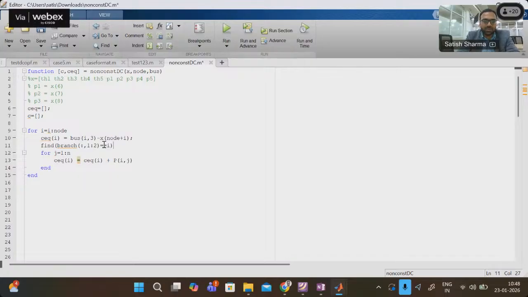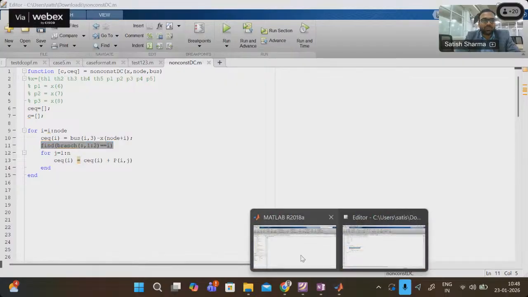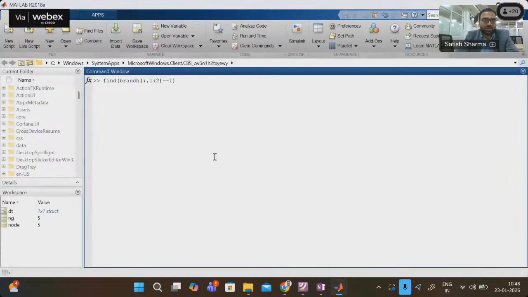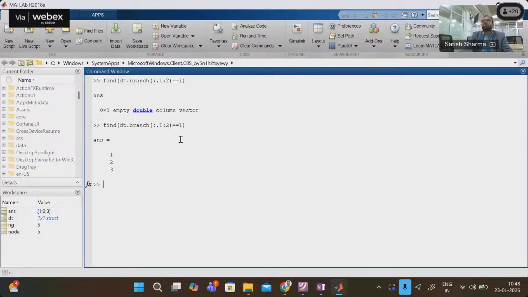So first of all, let's try to solve it in the command prompt so that we are able to identify what this will give me. So it's basically the I value as well, like I equals to 1. This gives me the number of rows at which this is available. And if I use 2, then it is 4th and 7.